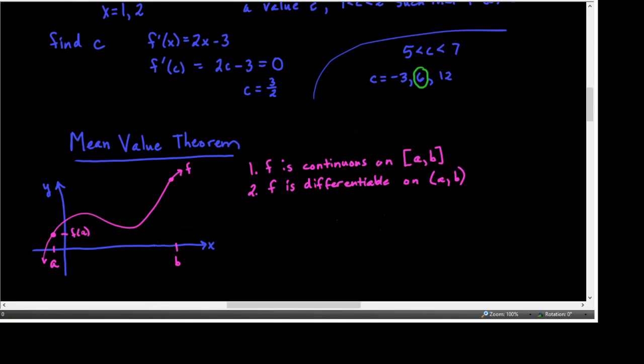If you'll recall, one of the things we did early on with trying to figure out how to find the slope of the tangent line was we started with the secant line from A to B. So I'm going to draw that secant in here because it's really important for the mean value theorem. It's tied into that pretty closely.